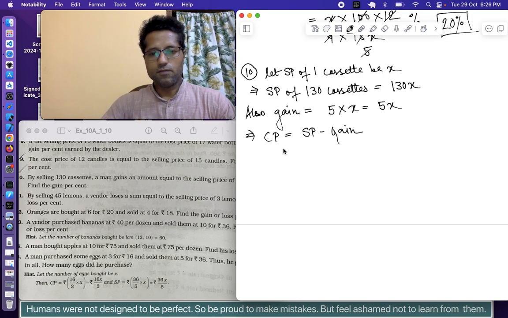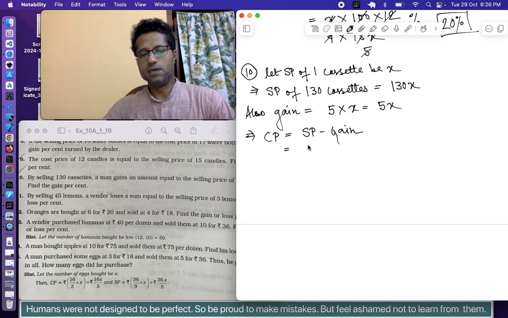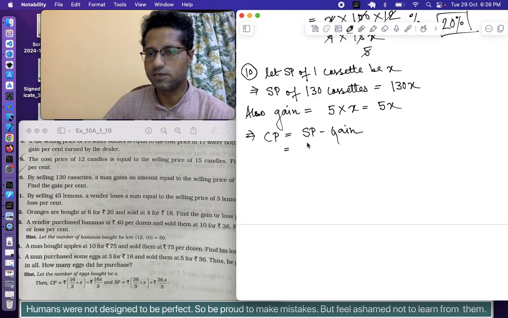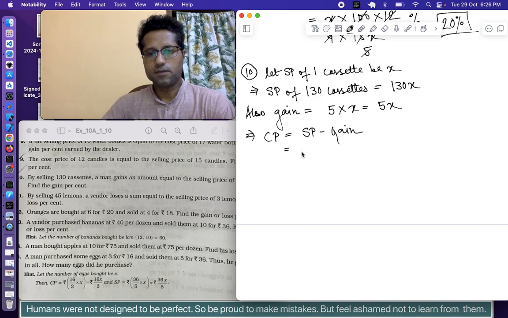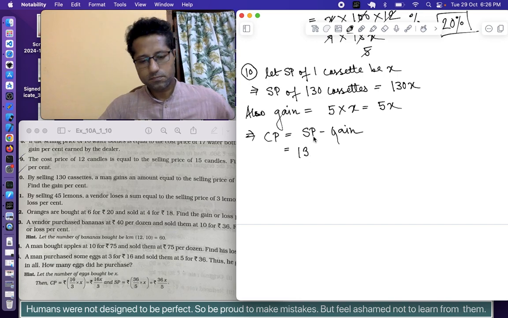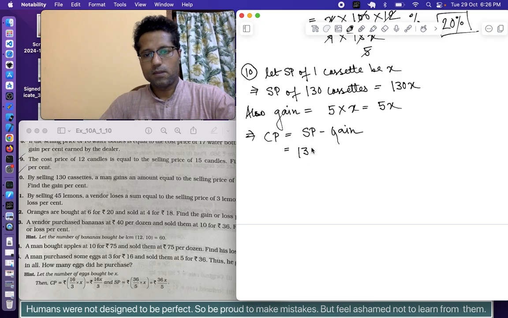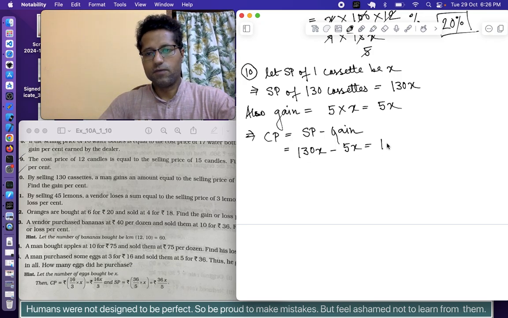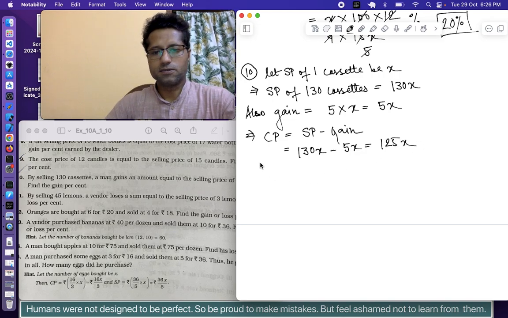Therefore, cost price is selling price minus gain, which is 130x minus 5x, which is 125x. So this is the cost price.